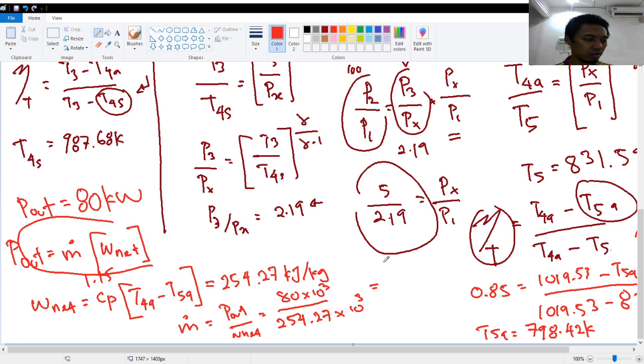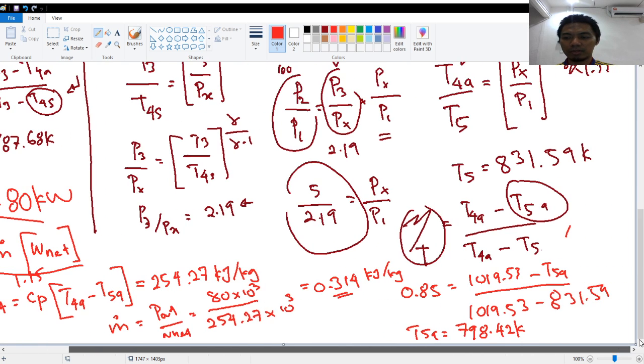M dot is 0.314. This is the mass flow rate of your system.